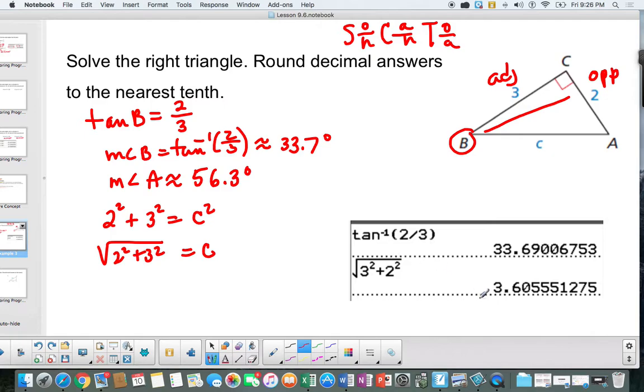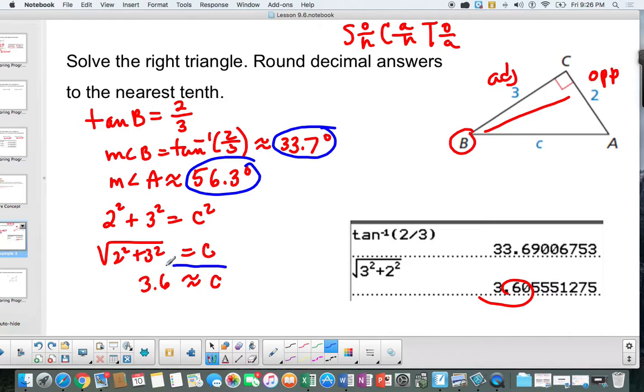And you can see I put that in my calculator, and so C is about 3.6. So I have found the remaining side. I have found the two acute angles, and I have figured out the missing side right here.